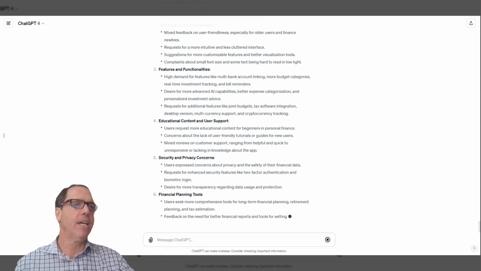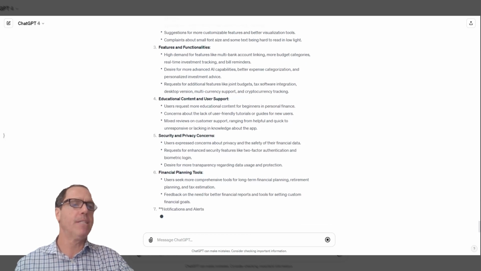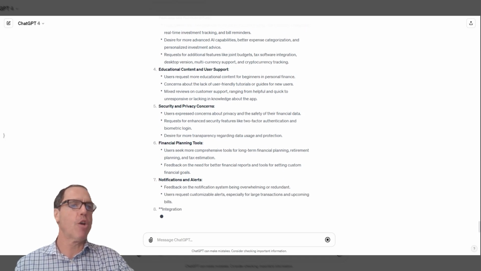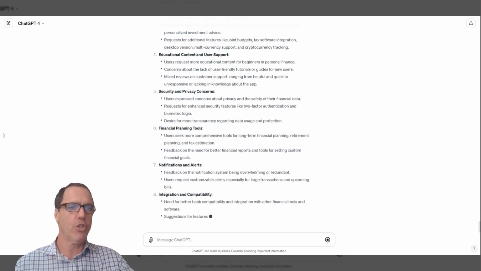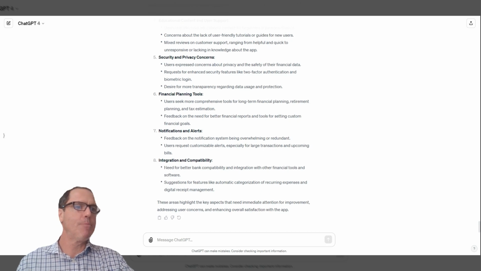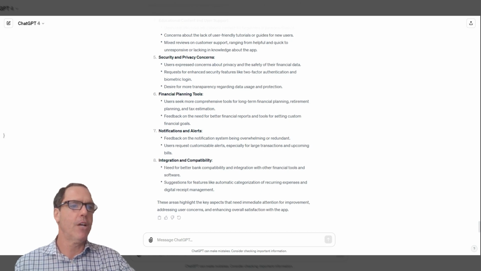Now, again, this is an opinion based on the reviews that it's taken a look at, so it's up to you as a product manager to assess these and determine which ones would be most important to report on. Okay, it says these areas highlight the key aspects that need immediate attention for improvement, addressing user concerns and enhancing overall satisfaction with the app. All right, so that's a great summary of what it's learned from the user reviews.